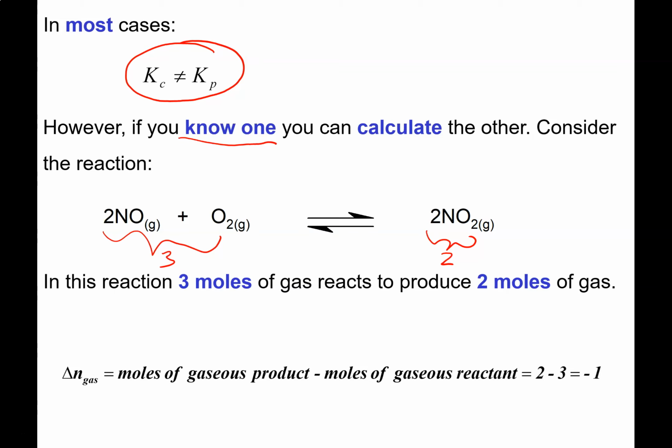So there's a decrease in the number of moles of gas present as this reaction proceeds. The change in the number of moles of gas as the reaction proceeds towards products will be 2 minus 3. There will be a decrease by 1 mole of gas. It probably seems odd why I am mentioning that, but it will come clear in the end.